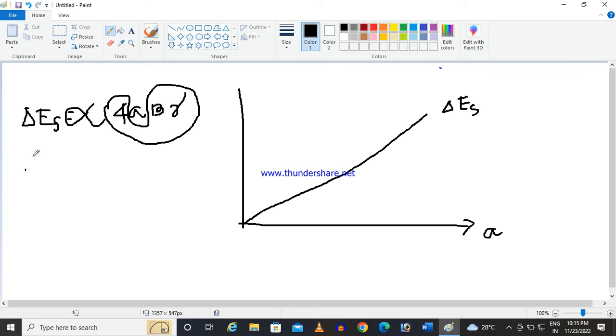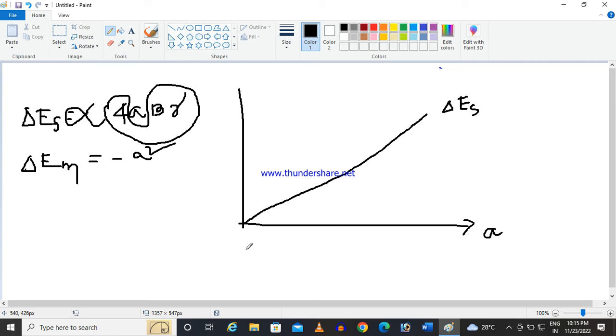Now the delta EM, what was the delta EM? If you remember, it was minus pi sigma square A square B by Young modulus of the material. So we can tell it is proportional to minus of A square.